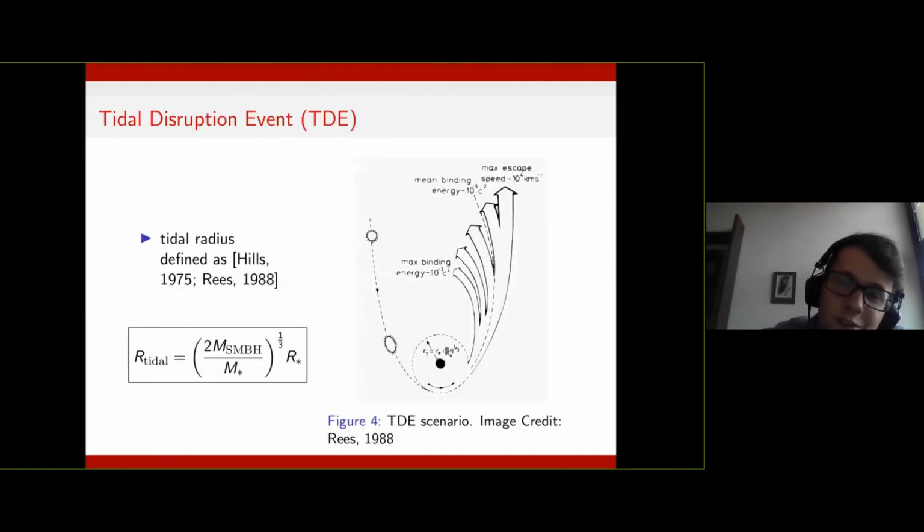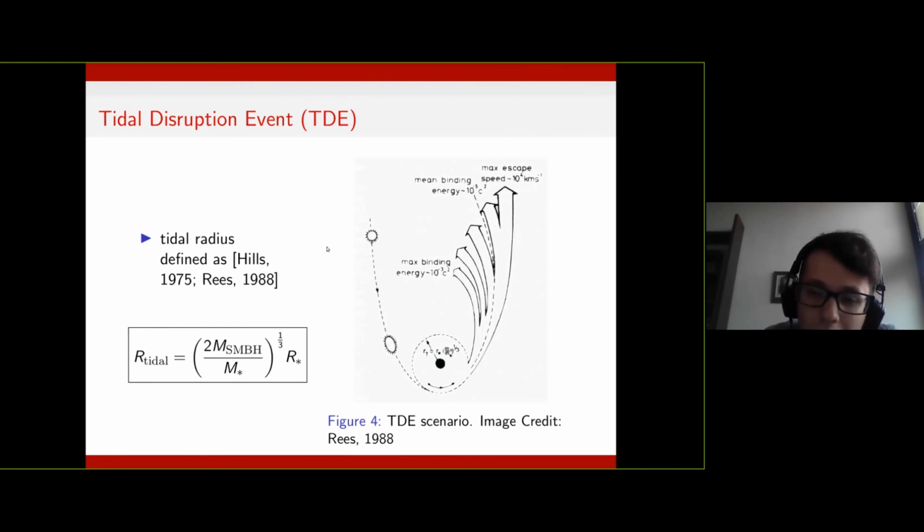Yeah. So imagine an object, say a star, passing around a supermassive black hole or a very compact object. Once the star gets to a certain distance, which is marked by the balance of its self-gravity and the gravitational interaction of the two-body system, the star will be tidally disrupted or tidally shredded.